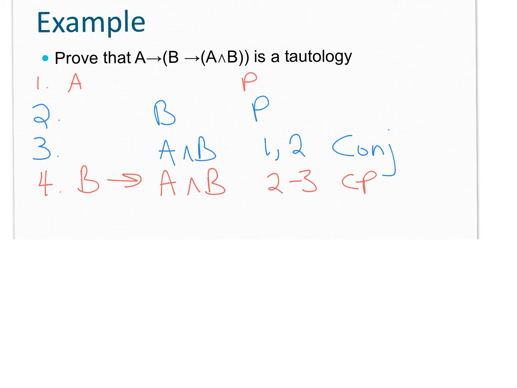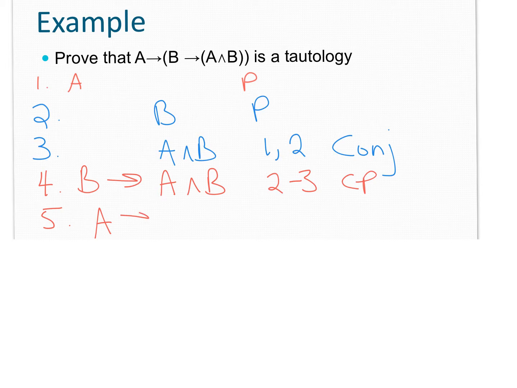But having done that, that discharged lines 2 to 3, but I've still got line 1 in there as a premise. So from line 1, I derived line 4, right? That means, presto changeo, nothing up my sleeves.